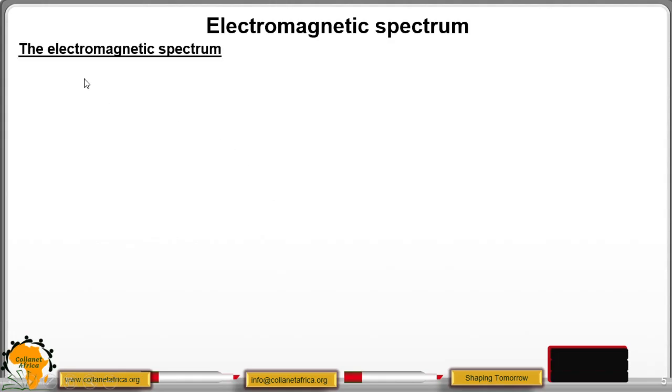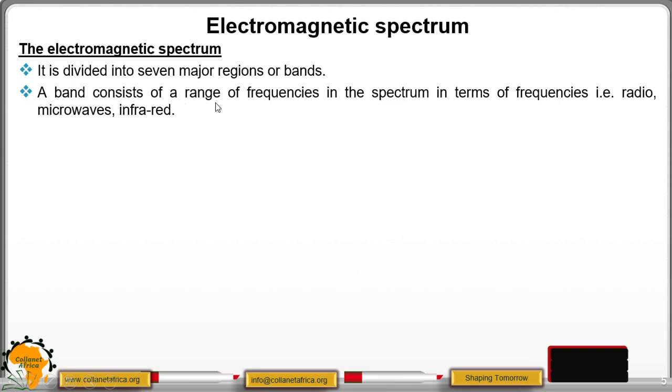We move to the next part where we are going to look at the electromagnetic spectrum. We can start by saying that this is divided into 7 major regions, and each region has a range of frequency or wavelength. For instance, radio wave has a range of frequency, and infrared has a range of frequency.